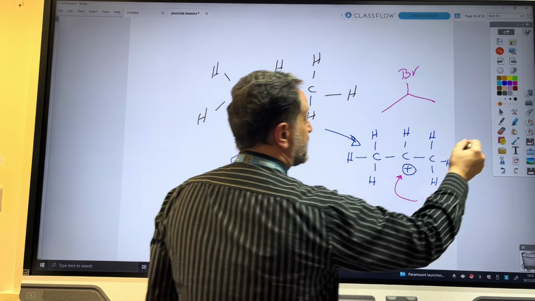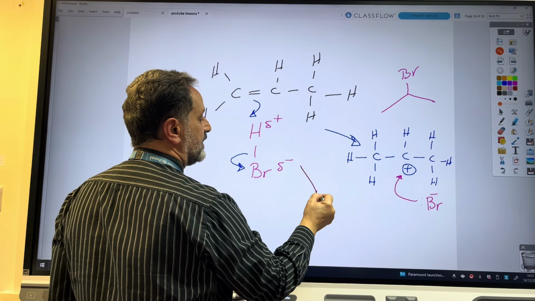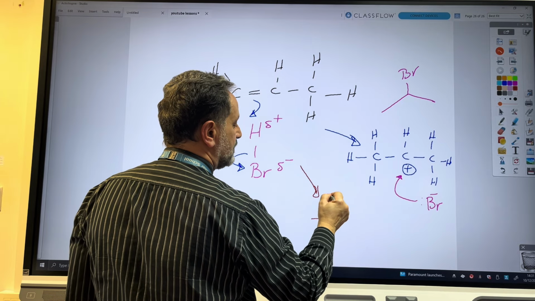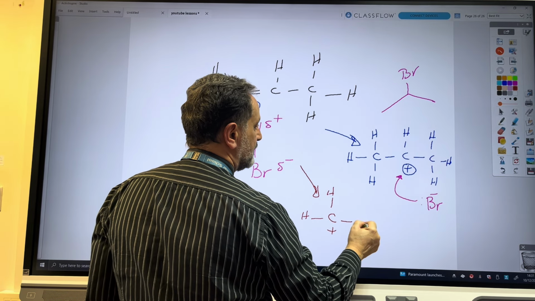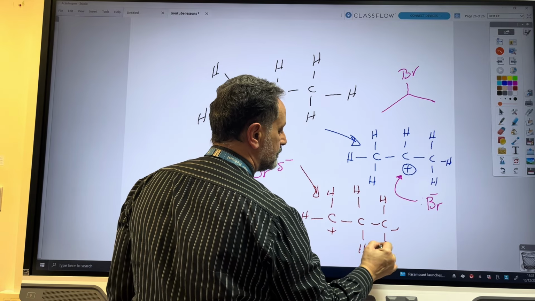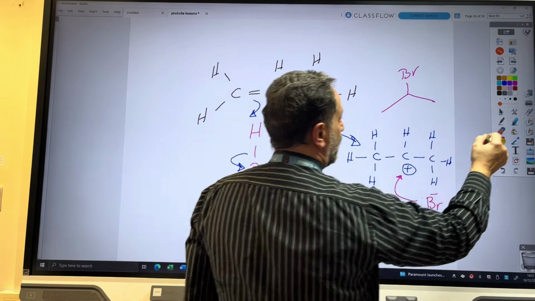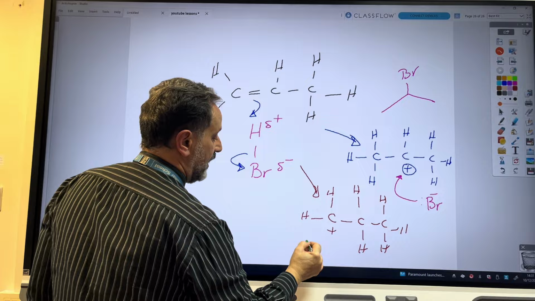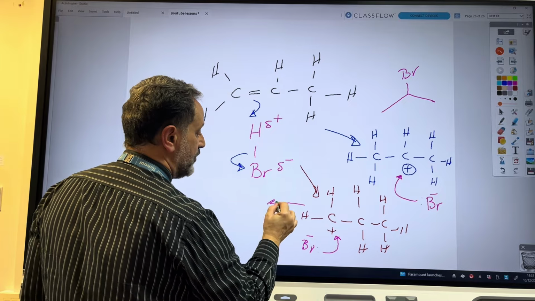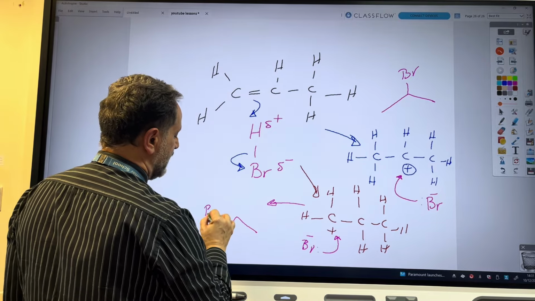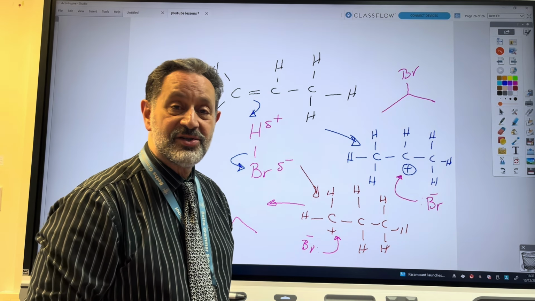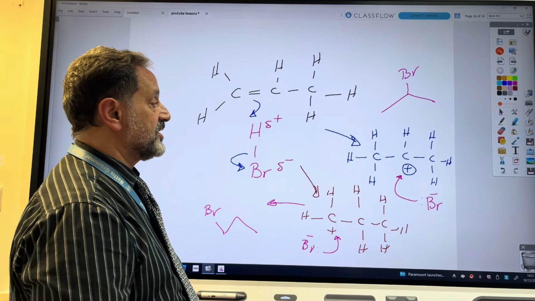Agreed? But alternatively, you can have this situation, hydrogen, hydrogen. And then the bromide ion will attack this one to produce 1-bromopropane. Yeah, just including skeletal formula, just to remind you that we've done these things before.